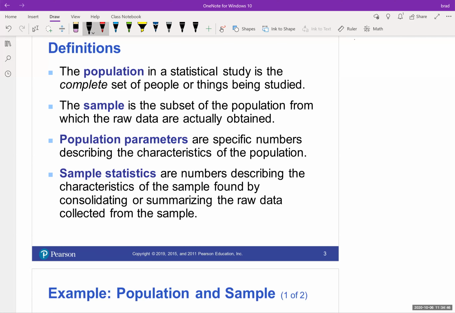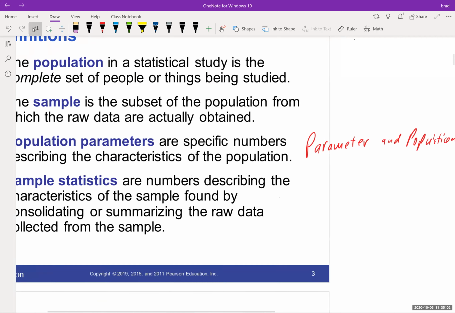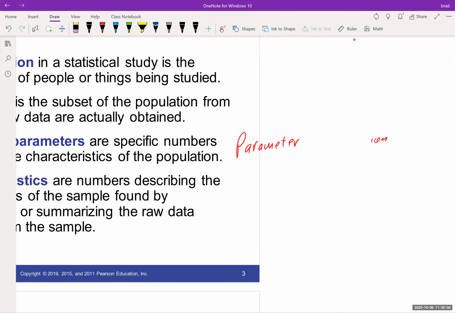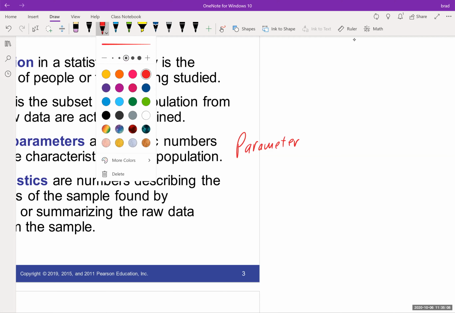Just kind of the way that I remember it is parameter and population. You know what? I wrote that really small. Let me fix this a little bit. Let me write it like this.